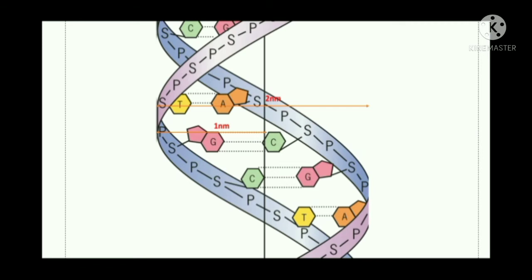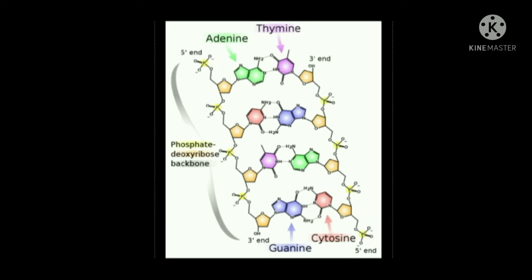The two strands are held together by hydrogen bonds between each base of one strand and its associated base on the other strand. A pyrimidine in one chain is always paired with a purine in the other chain. So, a cytosine is always paired with a guanine, and they are held together by 3 hydrogen bonds. The pairing of adenine and thymine requires 2 hydrogen bonds.